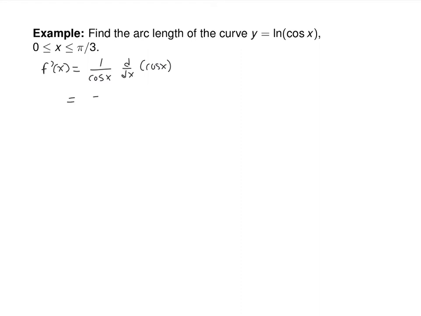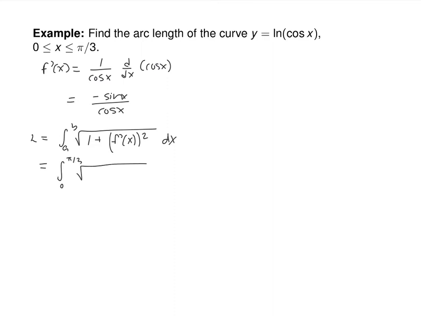So that will be negative sine x over cosine x. And our length will equal the integral from a to b of the square root of 1 plus f prime of x squared dx.